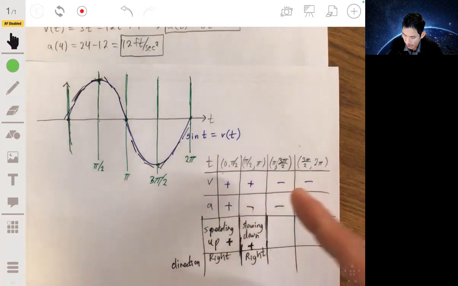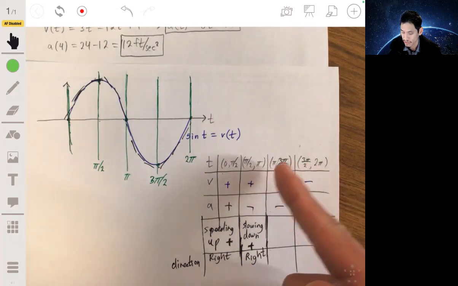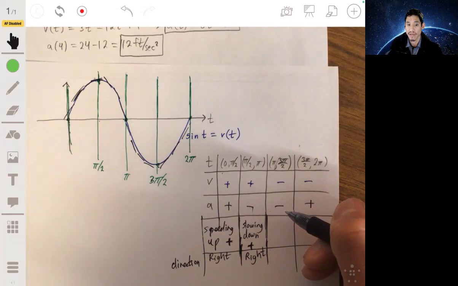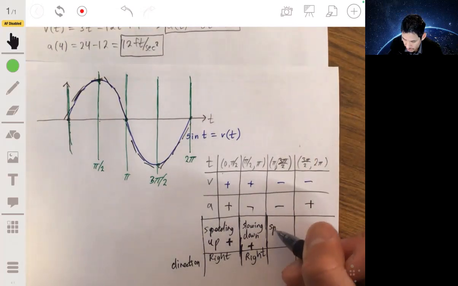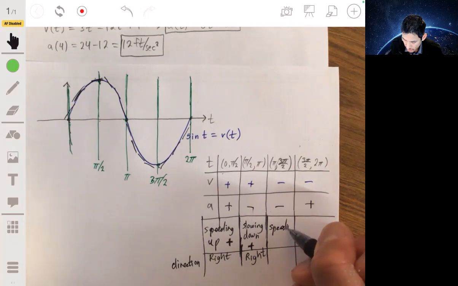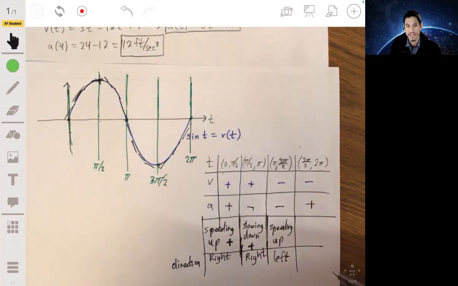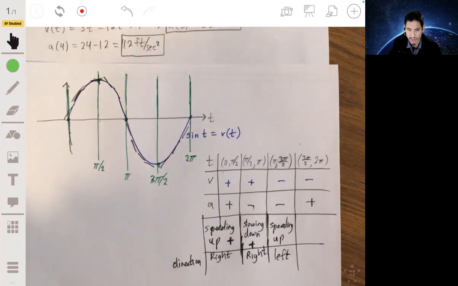Now, on this next interval, from pi to 3 pi over 2, both velocity and acceleration are negative. So they're working together, and it's actually speeding up, but it's speeding up in the left direction, because velocity is saying it's moving to the left, and acceleration is working together with it.